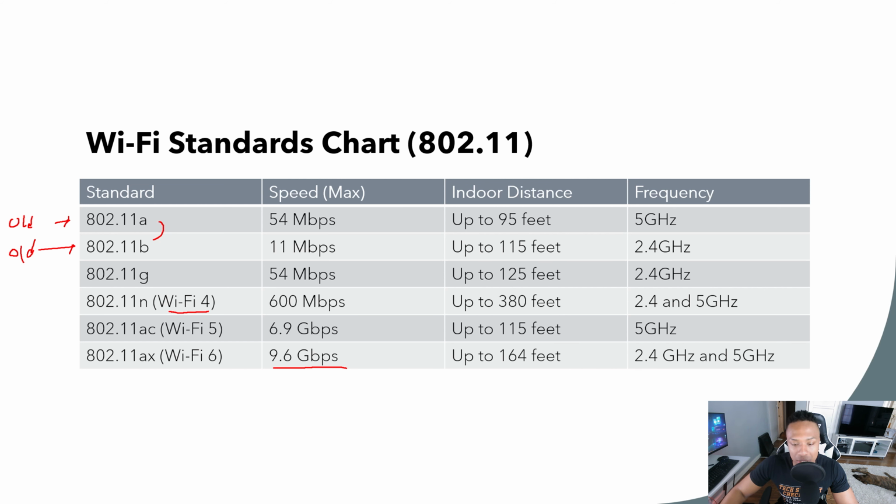This standard uses both 2.4 and 5 gigahertz. So we have an option with Wi-Fi 6. Very good, because we have the speed and we could use both frequencies.